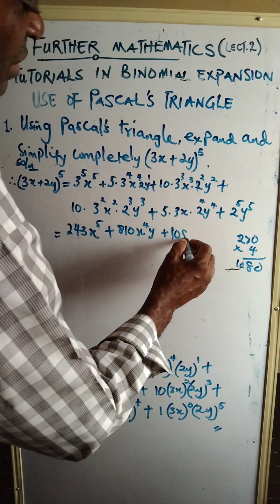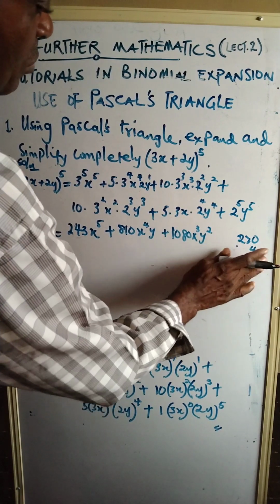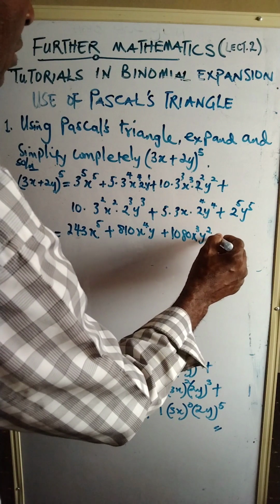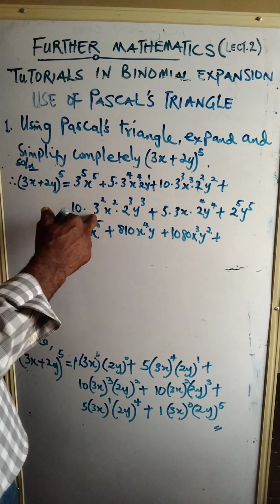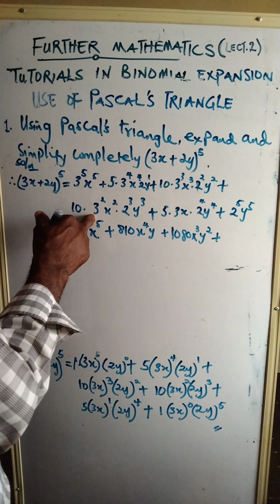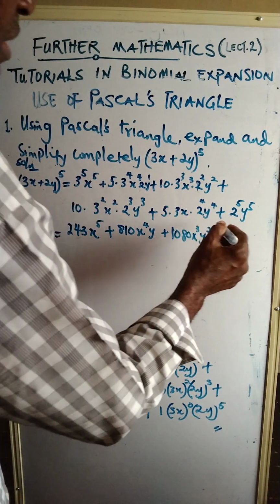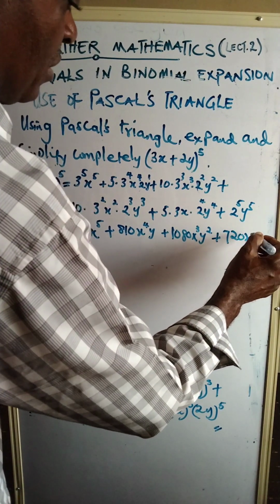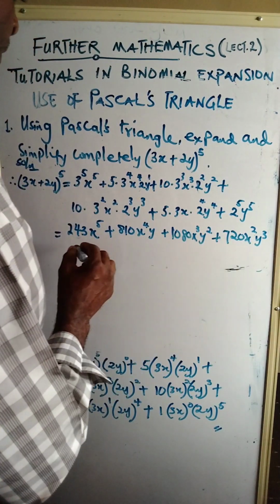We have 1080, x raised to power 3, y raised to power 2. So the next one we're going to do is this. This is 8 times 9, that is 72. All right. Times 10, that is 720x raised to power 2, y raised to power 3.